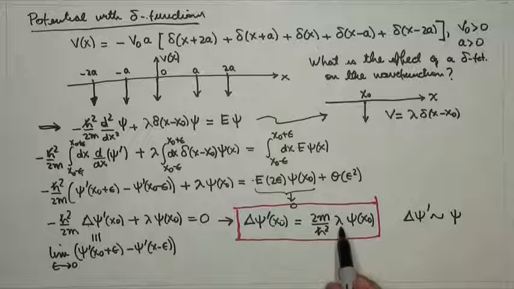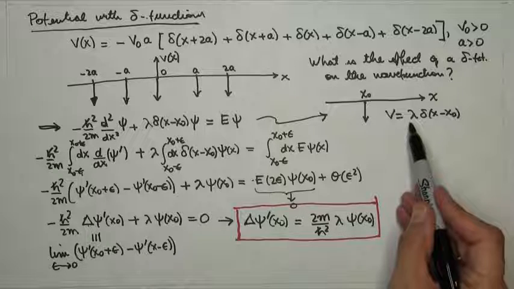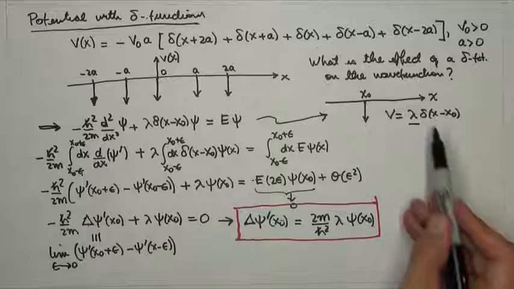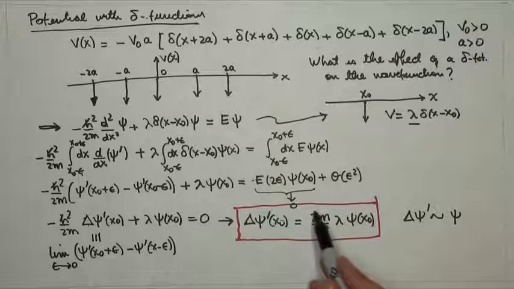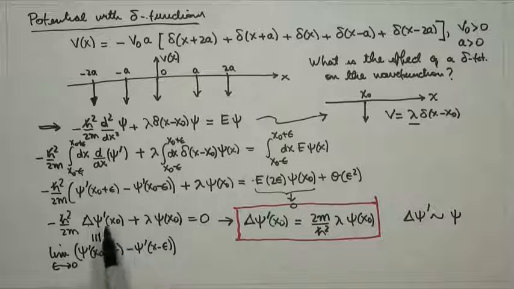And the constant of proportionality is the strength of the potential, of the delta function, times this universal 2m over h squared constant. And the sign is correct. We derived it properly. This came to the other side with a minus. They canceled. And this gives you a little bit of intuition as to what's going on.